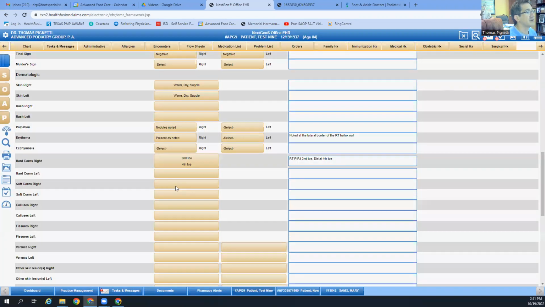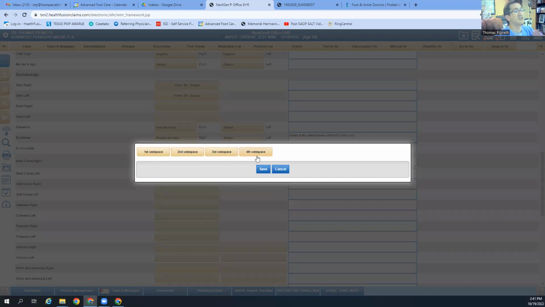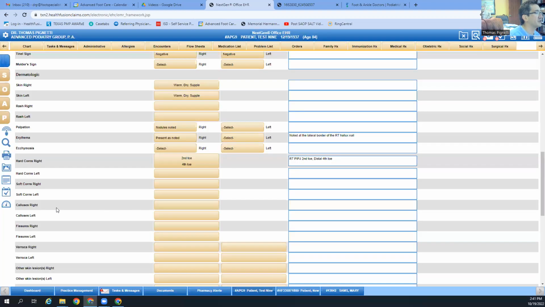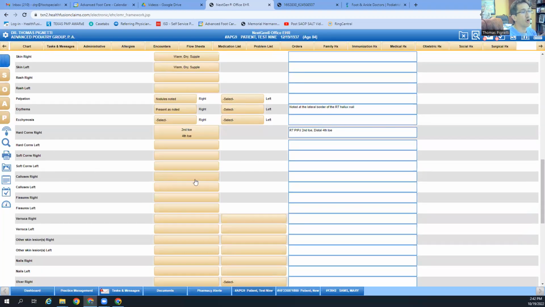Soft corns. If you notice, the choices are web spaces. Soft corns are typically macerated. They tend to be between the toes in the web space. The moisture that's present there, along with callus, tends to turn it white. And you have these soft corns, and the fourth web space is the most common location for that. So that's where soft corns are. Calluses are broad sheets of skin.